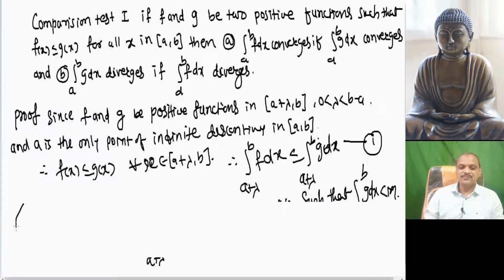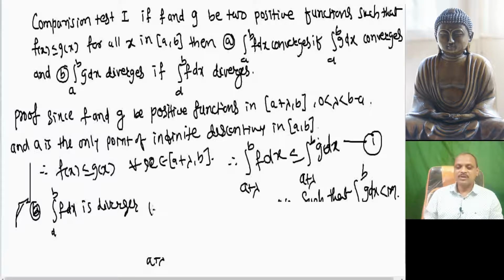What is given here? In the second part, the integration of f between the limits diverges. If it diverges, that means the integration from a plus lambda to b of f is not bounded above.